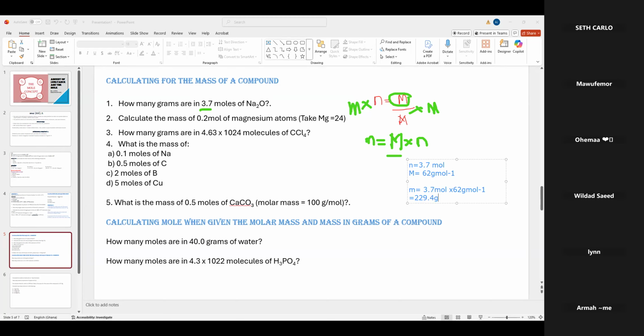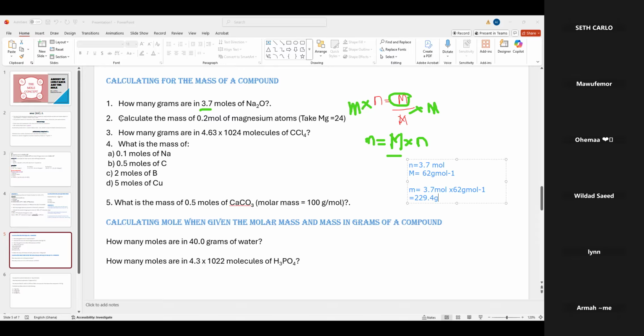Is everyone getting 229.4 grams? Yes, sir. Okay. So that is our answer. The final answer is 229.4 grams.